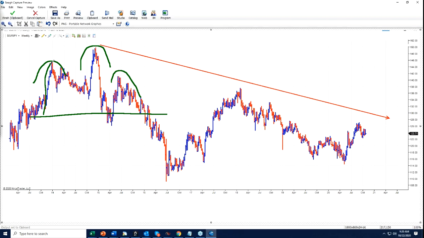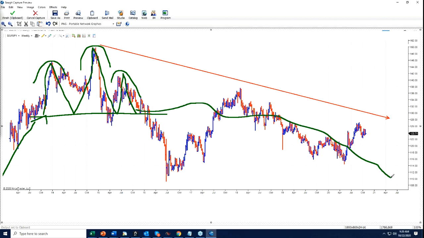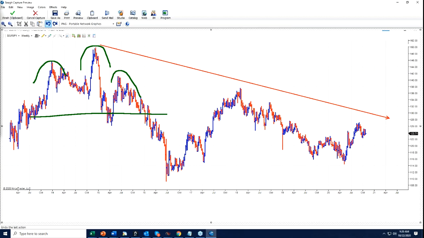It looks like a woman's or man's left shoulder, the head, and the right shoulder. Now, this is a bear price pattern. When you see a head and shoulders, it indicates a reversal of trend. And by and large, that's what we've seen since that head and shoulders was formed.